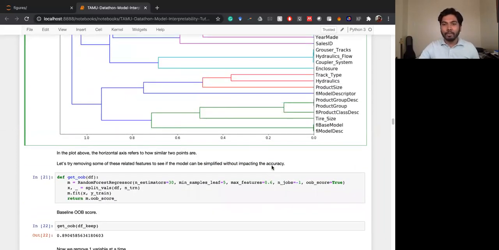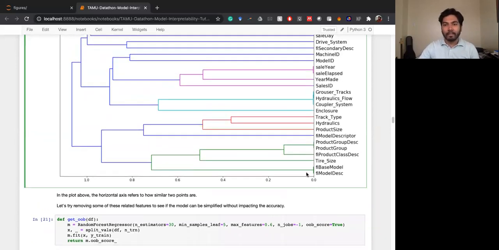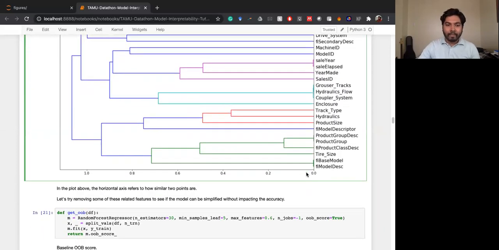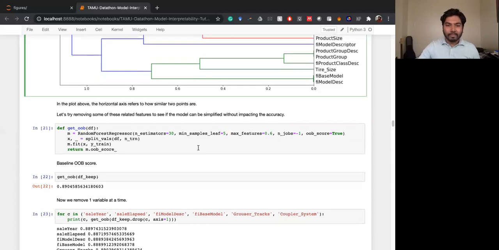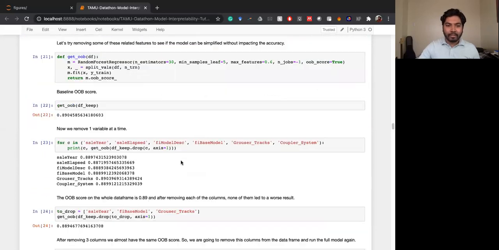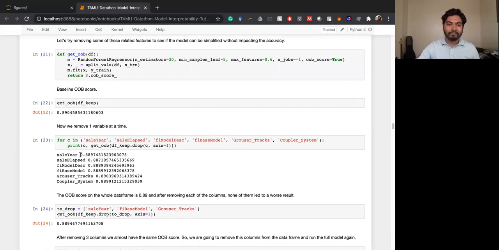So what we can do is try removing one feature from each of these groups and see if we get a better model. This is the code where I do this. I start removing each feature one by one and see what R squared score I'm getting.